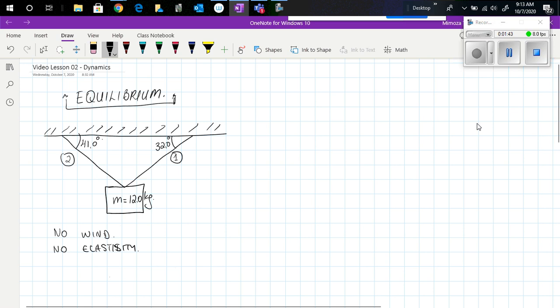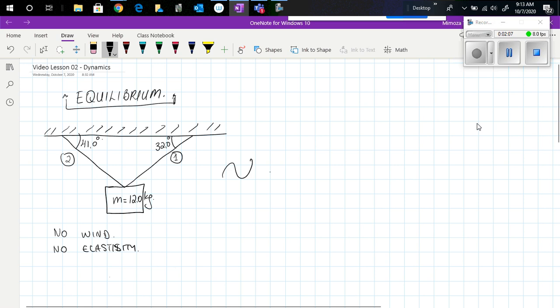So it's not that the strings are extended as a result of being tied to an object that has a mass. They don't stretch or compress as a result of the mass hanging from them.